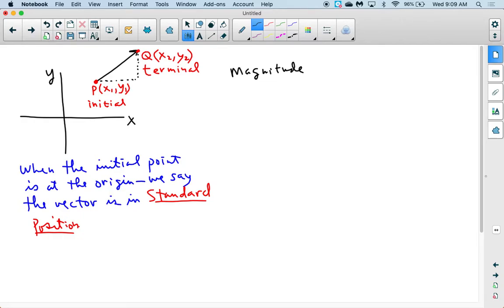So the magnitude of a vector is equal to the square root of x2 minus x1 squared plus y2 minus y1 squared.